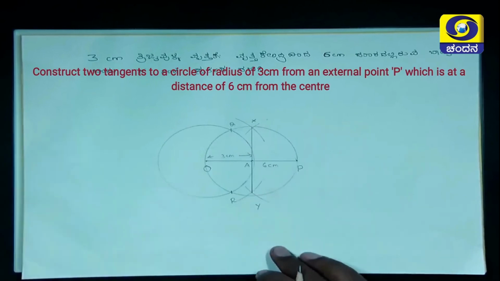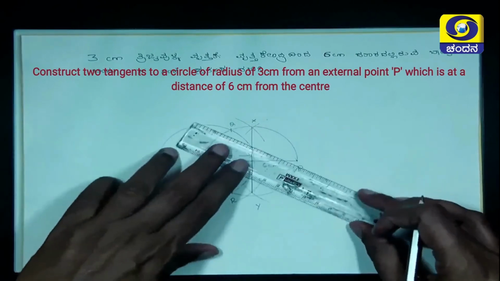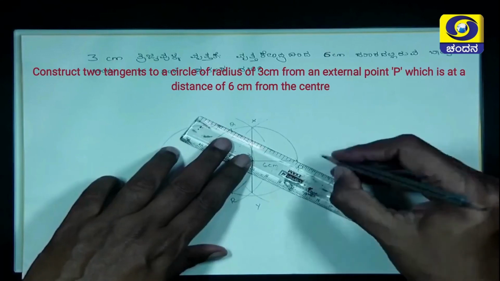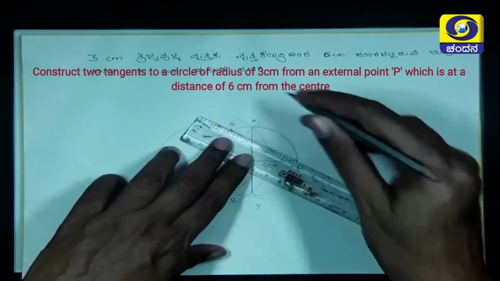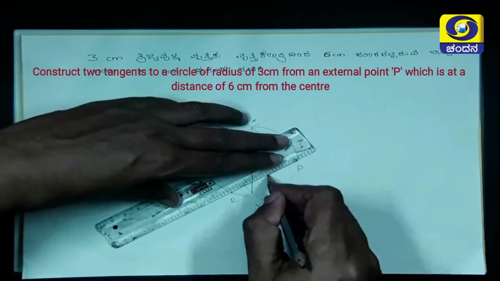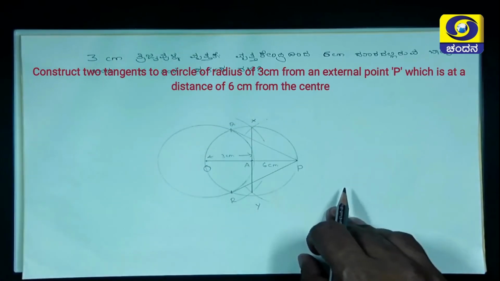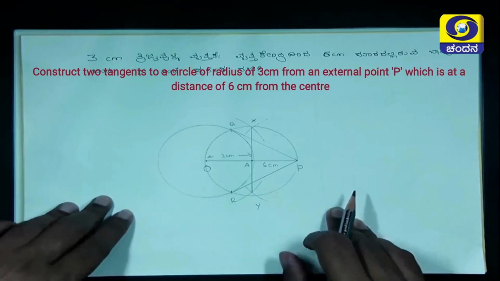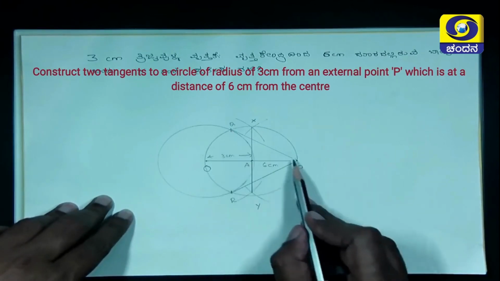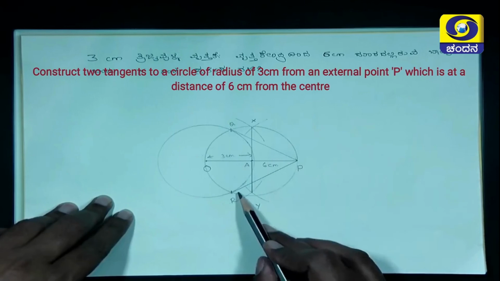You can observe PQ and PR are the tangents drawn to the circle O from the external point P. Now with the help of scale and divider, measure the length of PQ and PR and draw your inference.